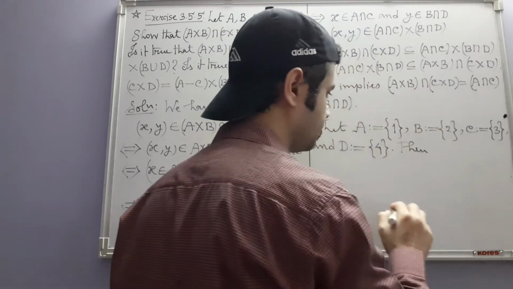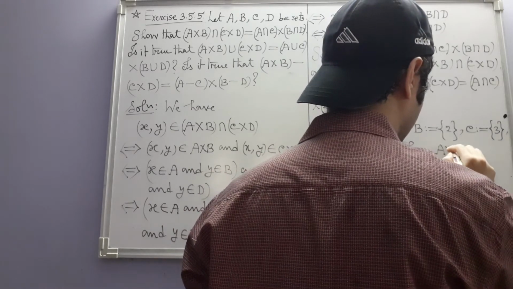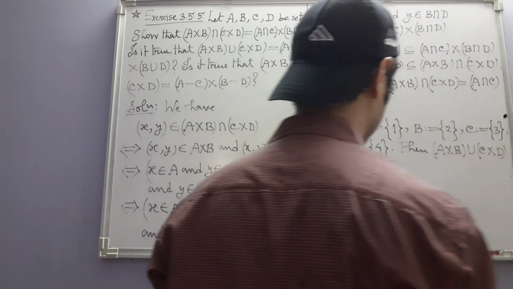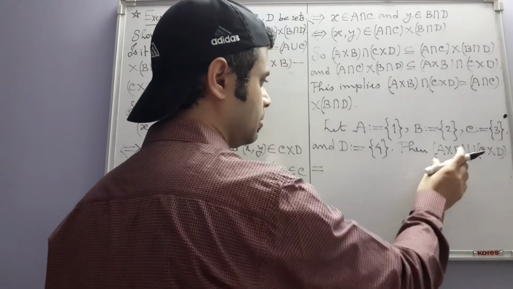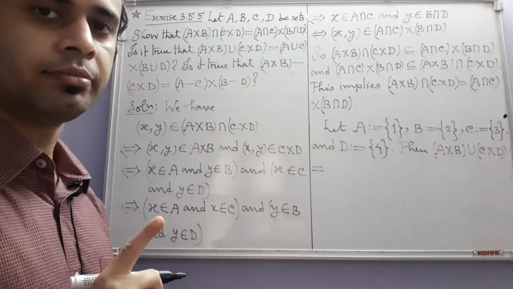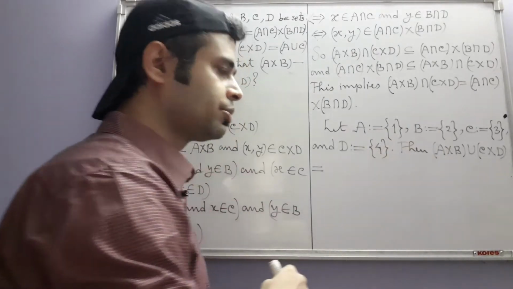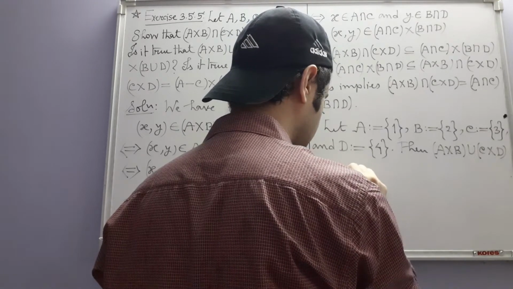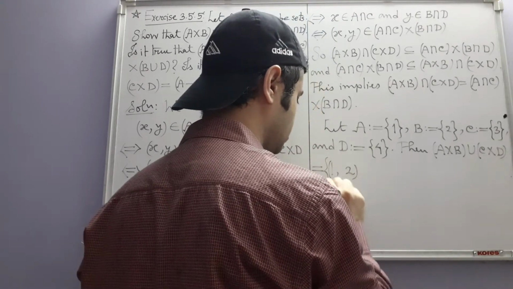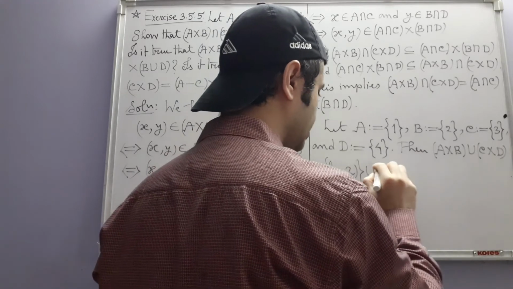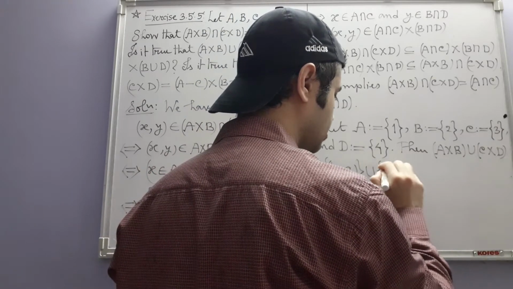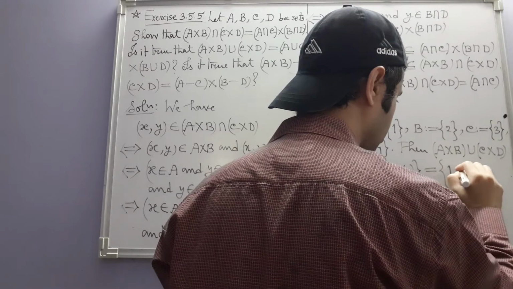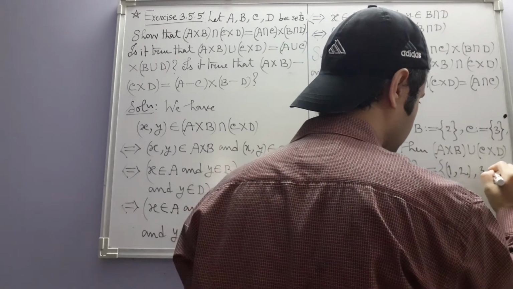Then what about A cross B union C cross D? Let us actually calculate. A cross B has only one element, one ordered pair, because A and B both have one element. So A cross B has only this ordered pair. Like that, C cross D also has only one ordered pair, 3, 4. So this union is just these two ordered pairs, 1, 2 and 3, 4.